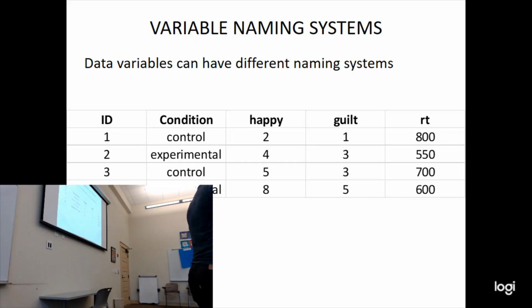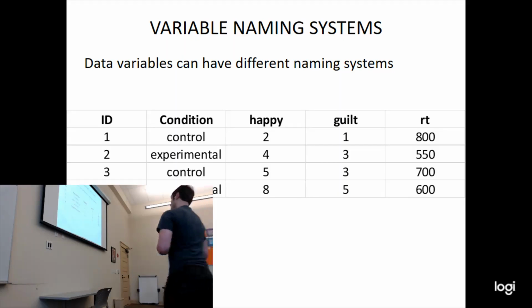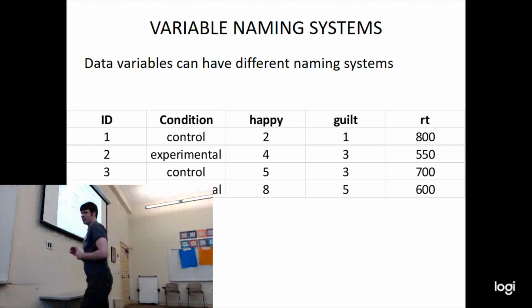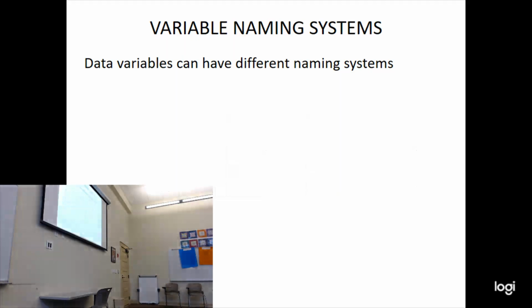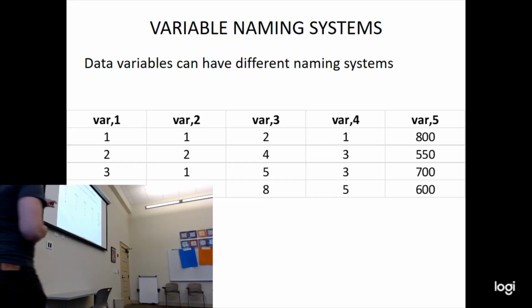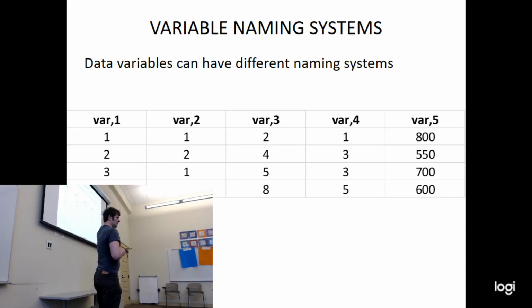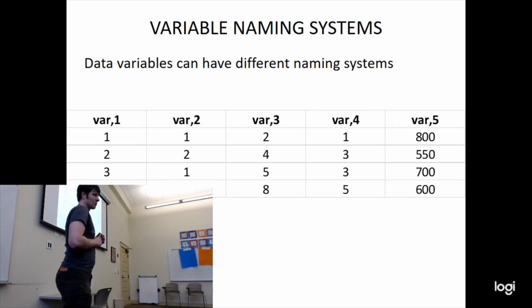Yeah. Any other thoughts? These are pretty good, I agree. So one thing that's changed is that instead of ones and twos, this is a condition variable. I've changed those ones and twos to control versus experimental.